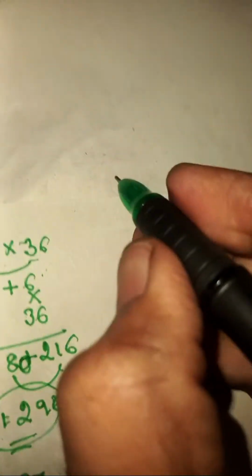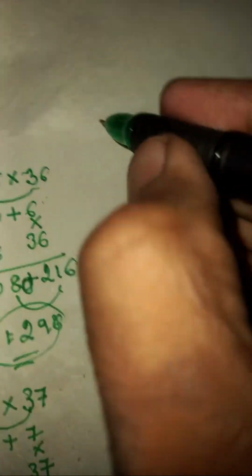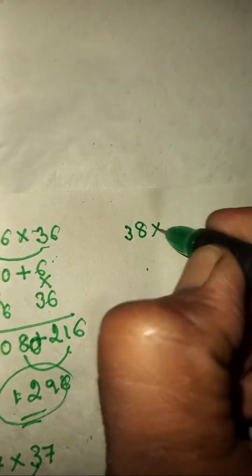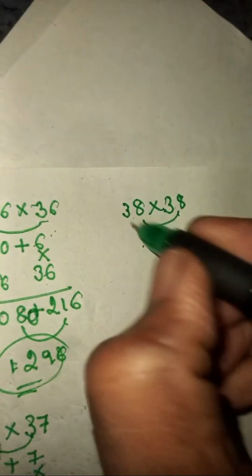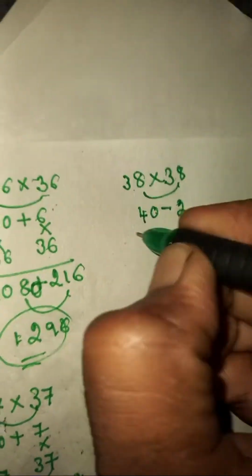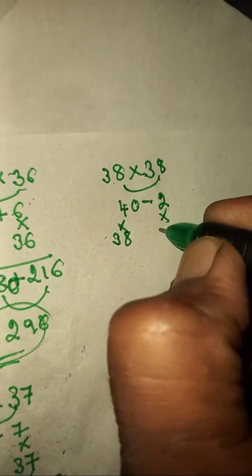Now let's do 38 square. 38 square you're going to get as 38 times 38, and you can write this as 40 minus 2 and multiply both sides by 38.